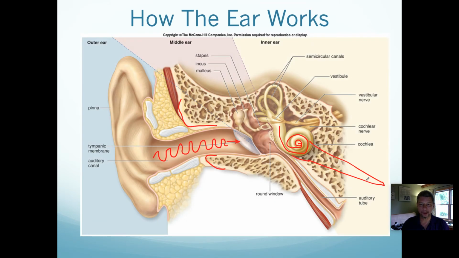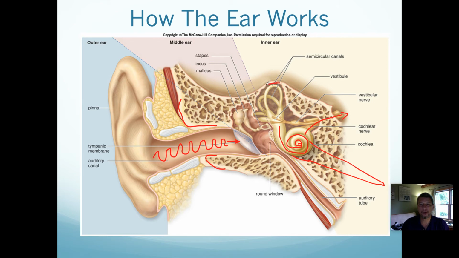And when they get stimulated, they send signals down the length of the cochlear nerve through the rest of the skull and into the brain. All right, so if you're stimulating these hairs, you hear a high-pitched sound. You stimulate these hairs, you're hearing or sensing a low-pitched sound.